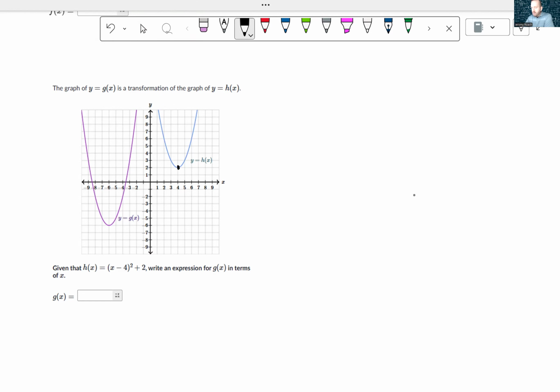And g of x, we don't know what that is. But we do know that it has shifted left. It's at 4 on the vertex. It's shifted left 10 units. And it's shifted down 8 units.